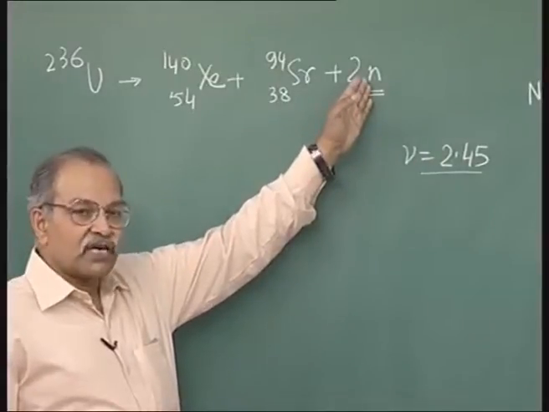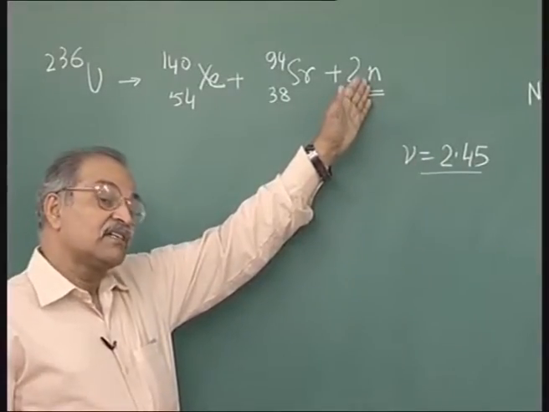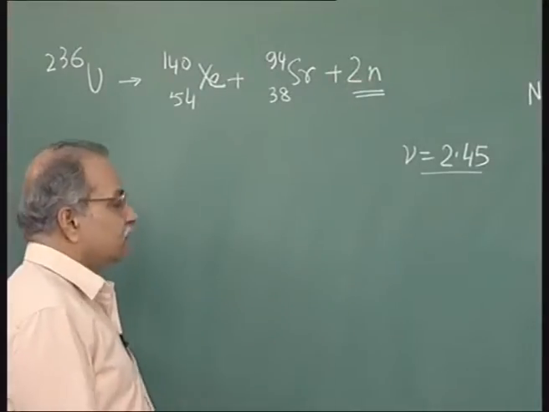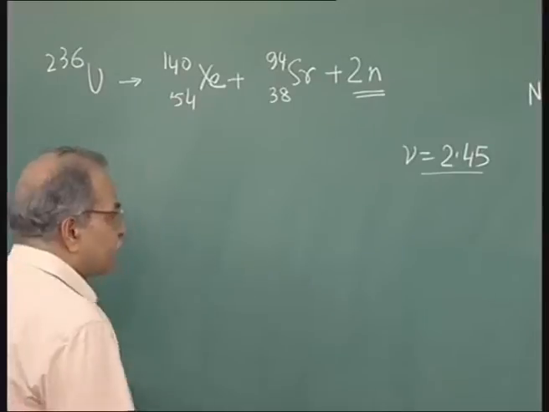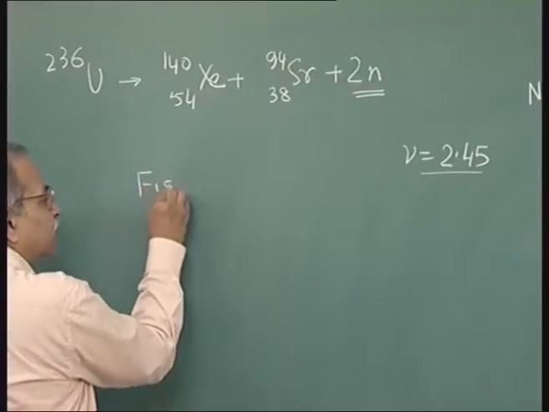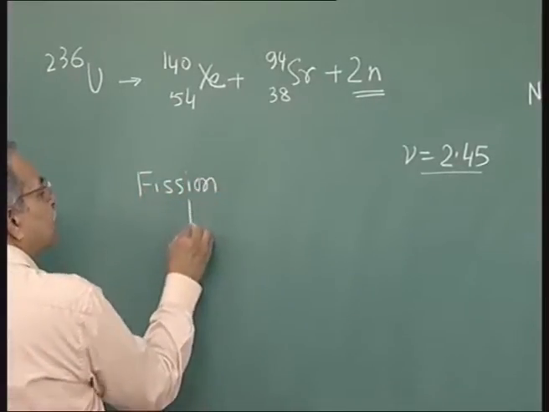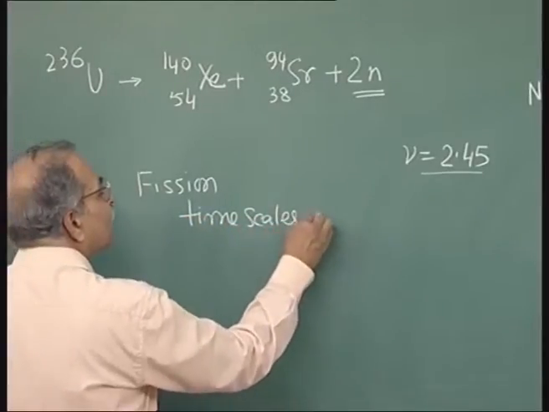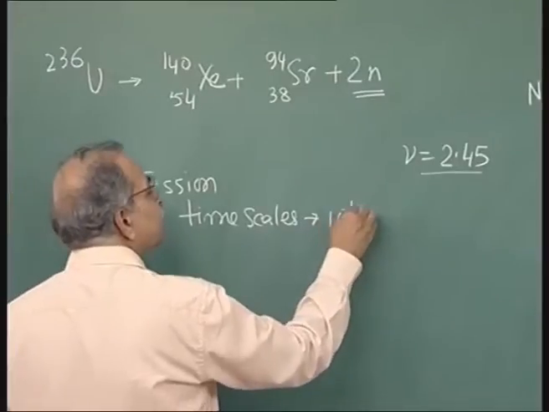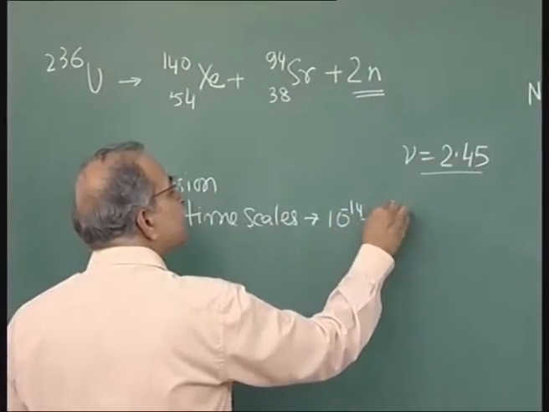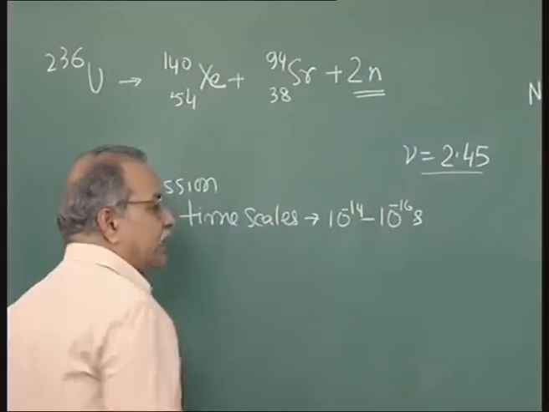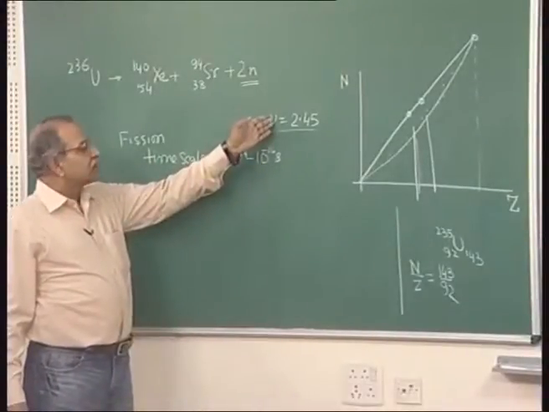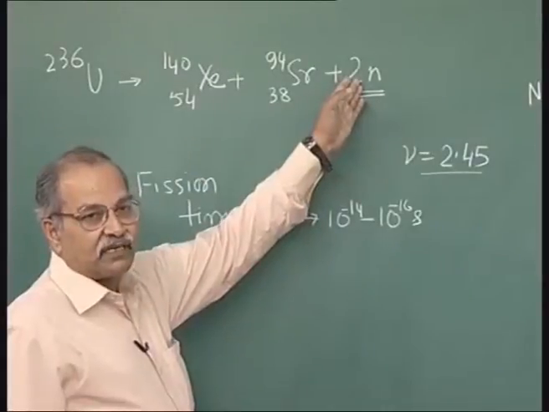So, these neutrons are emitted because of that neutron excess in the fragments, and these are just immediately after the fission. The fission time scales are something like 10 to the power minus 14 to 10 to the power minus 16 seconds, and as fission takes place almost together these neutrons are coming out.